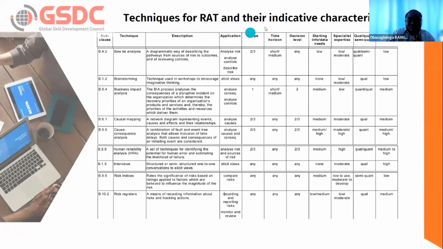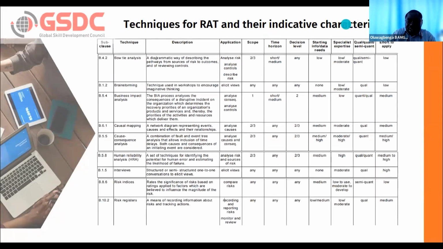All right, so looking at the characteristics, let's now look at the techniques for the risk assessment and their indicative characteristics. For example, you have a technique called bowtie analysis. You can see we have a table in the annex of the document that is already telling us the description.